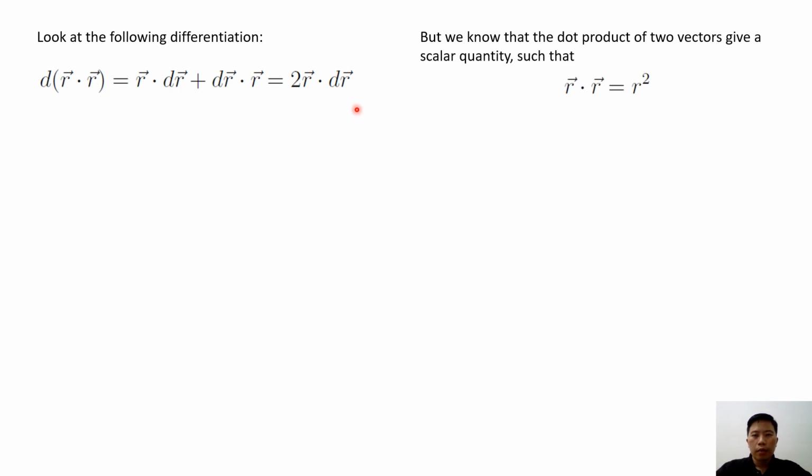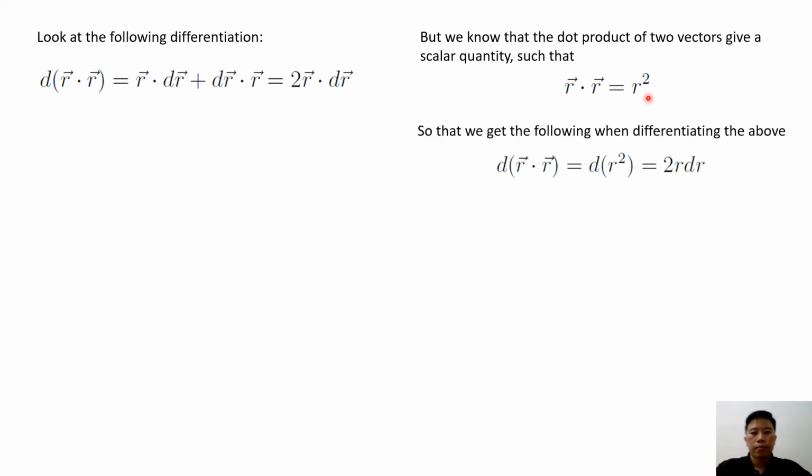But at the same time, you must also remember that r dot r gives you the magnitude of the vector, so now you have r squared. This is a vector dot a vector, and you have a scalar. So let's look at this.